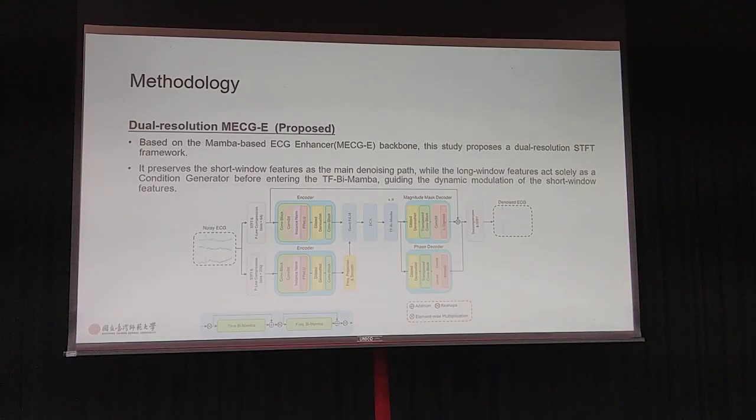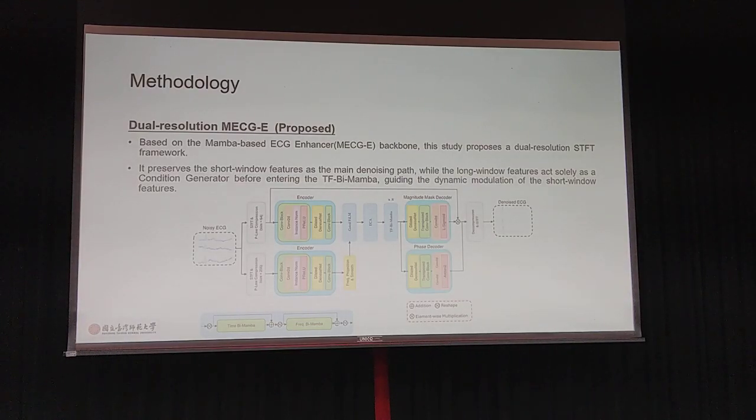To resolve these issues, we propose a dual-resolution architecture built upon the Mamba ECG backbone. Showing the architecture diagram, we utilize a short window STFT as the main path to resolve the sharp high frequency transient features. In parallel, we introduce a long window STFT to capture the low frequency baseline wander. The key innovation here is that we do not simply concatenate these two features along the time axis.